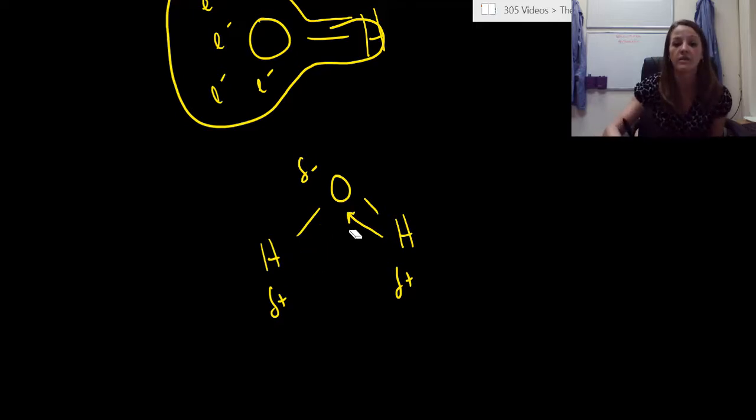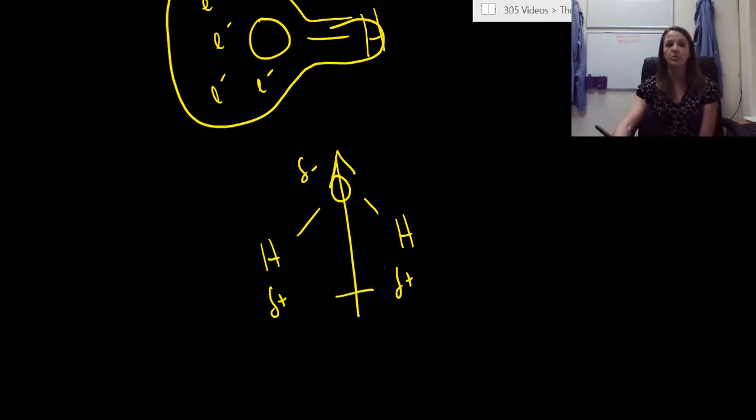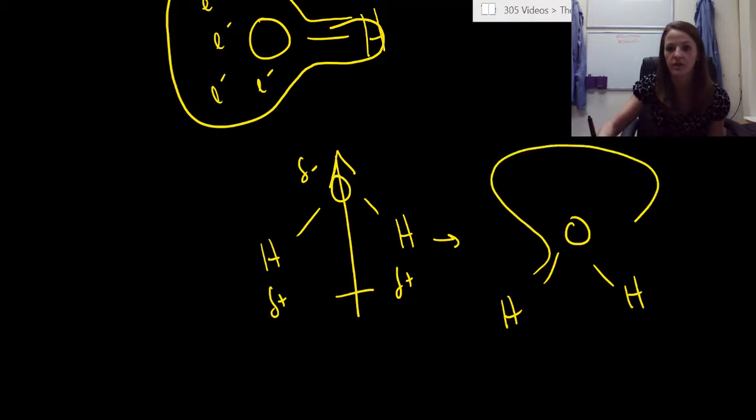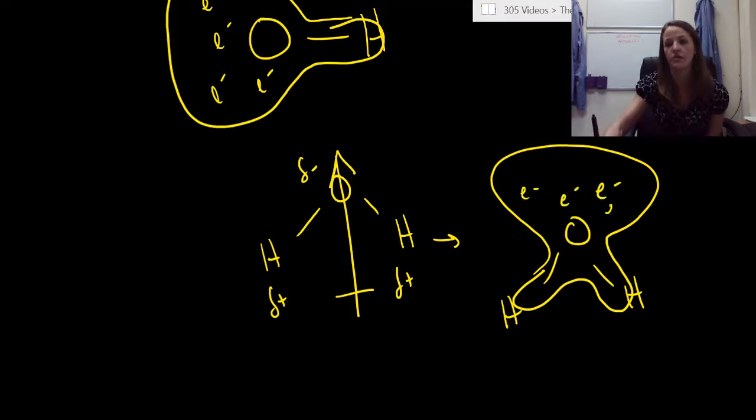So when we put that all together for one big molecule, we can draw this arrow again, indicating our dipole moment essentially, saying that all of our electrons are traveling to the oxygen. So if we were to draw this out, we would have our oxygen, our 2 hydrogens, and we would say that most of the electron density is hovering above the oxygen atom, where it's really small here on the hydrogen. So again, all this is saying is you have a big electron cloud over that oxygen.